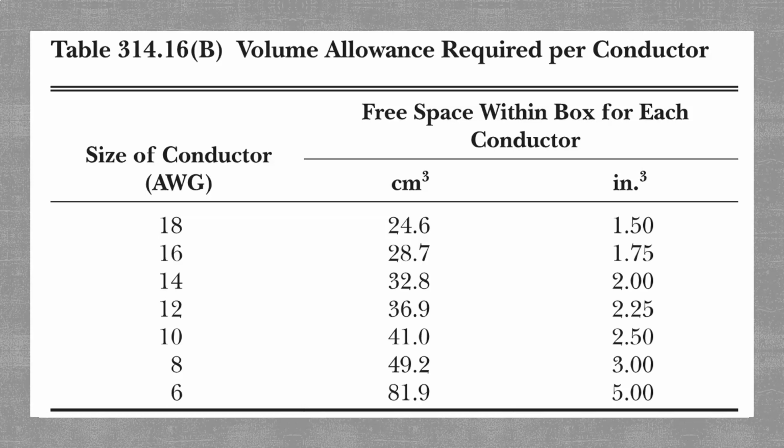Then we multiply our 10 allowances by 2.0 cubic inches and get a total of 20 cubic inches for everything except our equipment grounding conductor. Assuming those cables had a 14 gauge equipment grounding conductor, we would only need one allowance for that, once again based on a 14 gauge conductor, which is an additional 2 cubic inches for a total of 22 cubic inches.